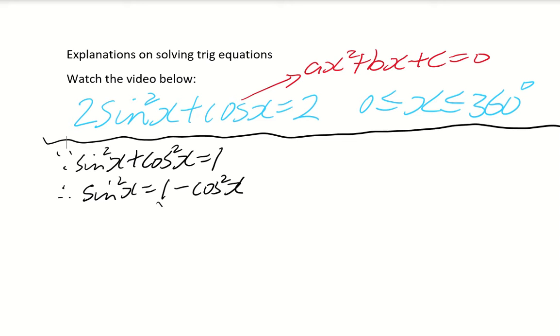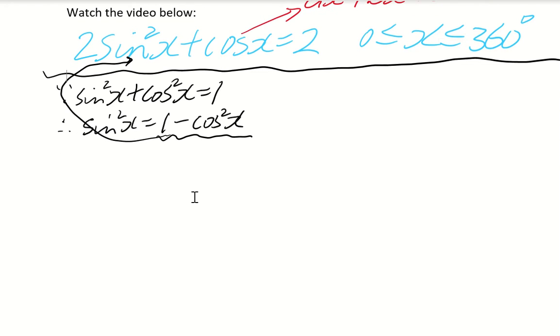Then I'm going to substitute this wherever sine squared x is. In other words, instead of writing sine squared x, I'm going to write down 1 minus cos squared x. I'm going to write down 2 times (1 minus cos squared x) plus cos x.